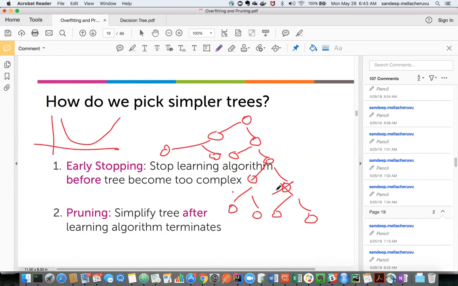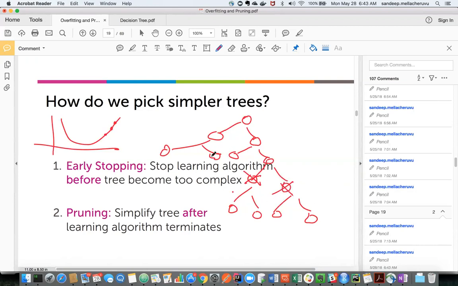For example, if you remove this, the test error is decreased by 100, versus if you remove this node, the test error is reduced by only 50. Which one do you take? The one which is reducing the test error more. You pick that node and remove that branch, cut that branch away.